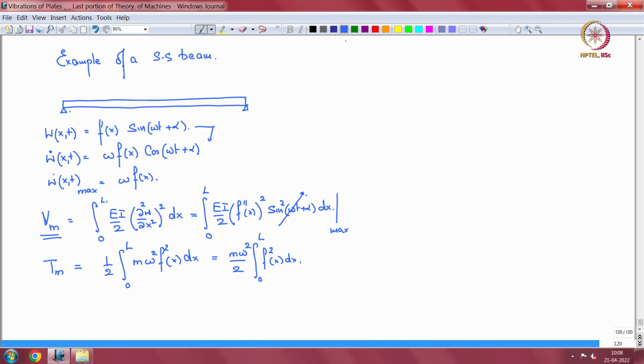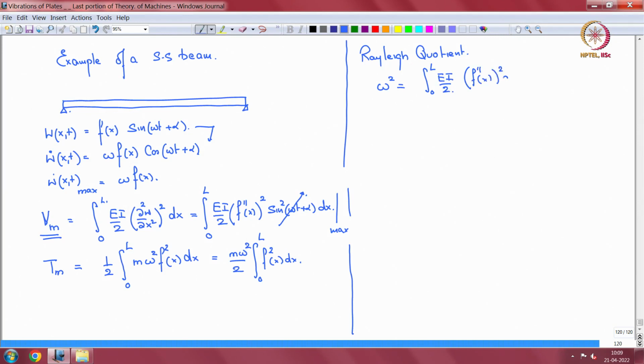From here we can get the Rayleigh quotient, which is omega squared equal to the integral 0 to L of E I by 2 f double dash x squared dx divided by the integral 0 to L of m by 2 f square dx.